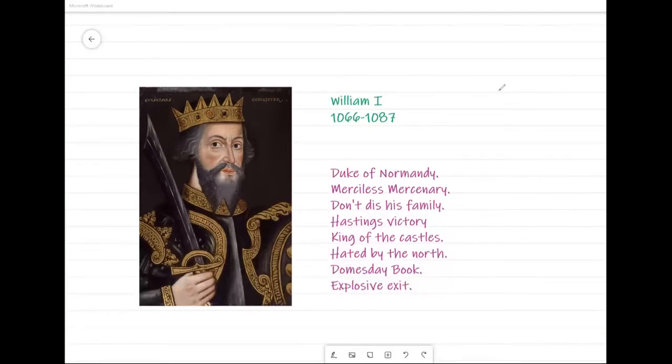But he spends his young life, before he becomes in charge of Normandy, traveling around Europe with a group of knights, men on horseback, who are mercenaries. A mercenary is someone who gets paid to fight and kill people. So he's a soldier for hire, and this will take him all over the place. He will fight all over France.